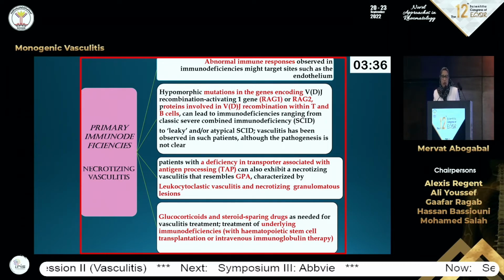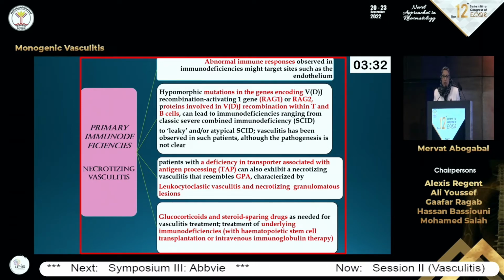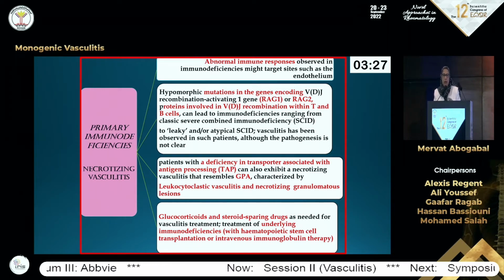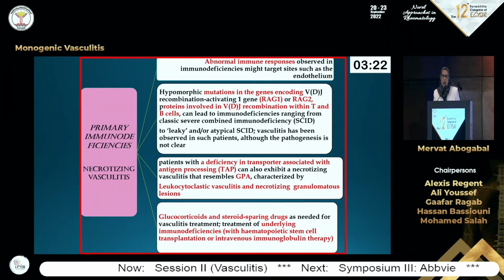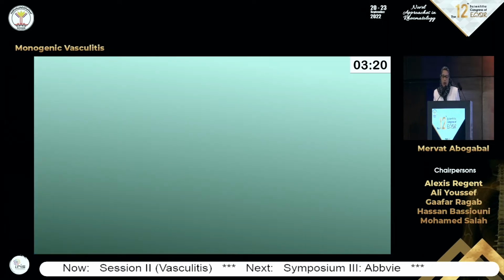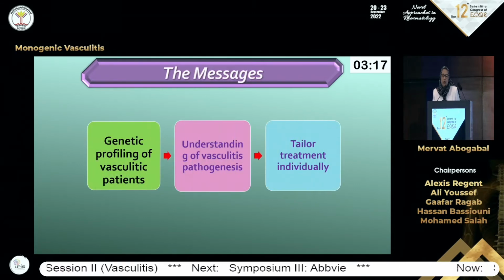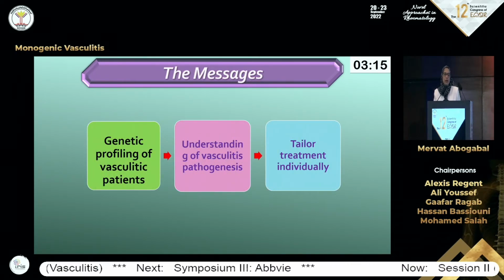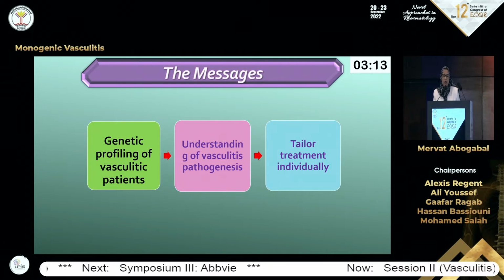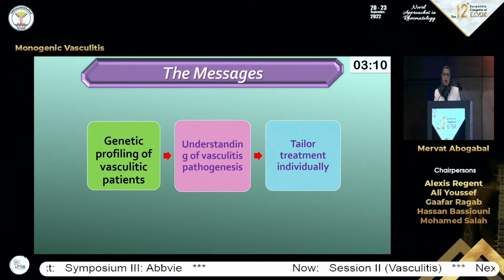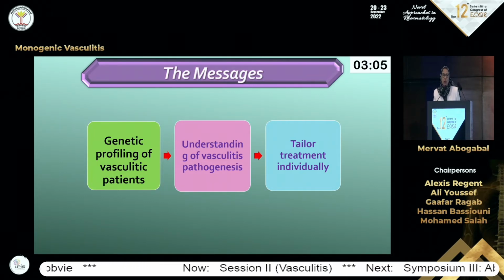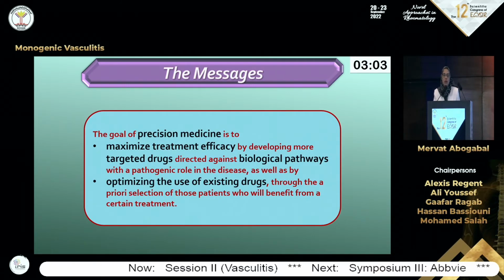The recommended treatment, in addition to glucocorticoids with or without steroid-sparing drugs, is to treat the underlying immune deficiency by either intravenous immunoglobulin or hematopoietic stem cell transplantation. Now we came to the message of this talk today: genetic profiling of vasculitis patients helps better understanding of vasculitis pathogenesis and helps tailor treatment individually, which serves the goal of precision medicine.